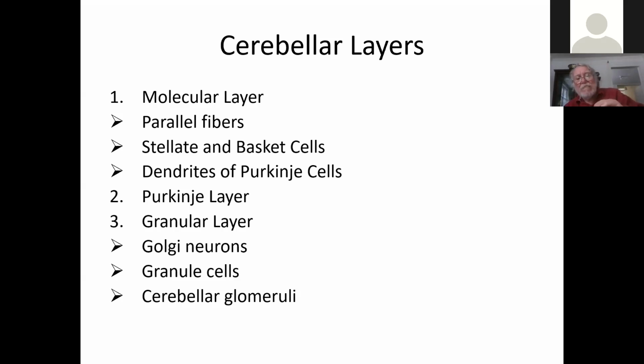Now, where do the axons of the Golgi neurons and the cerebellar glomeruli go? The axons come up out of the granular layer and then go up into the molecular layer. And they are the vast majority of what is now called the parallel fibers. So these parallel fibers now run along the whole base of layer 1 of the cerebellum.